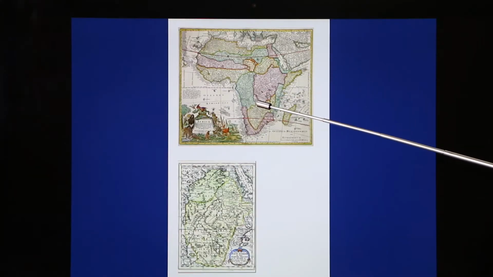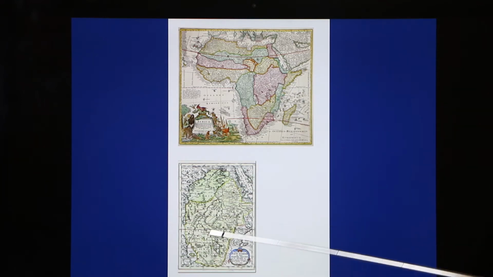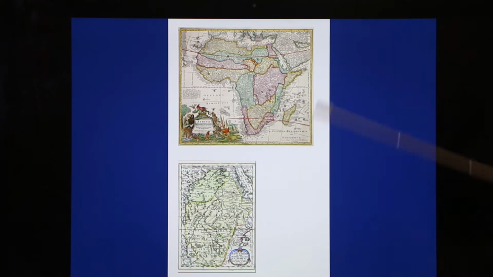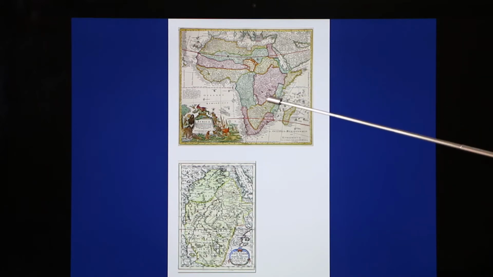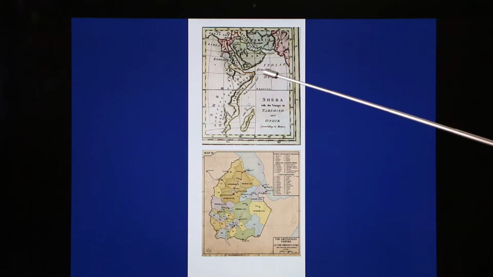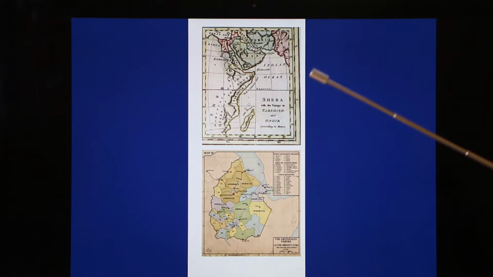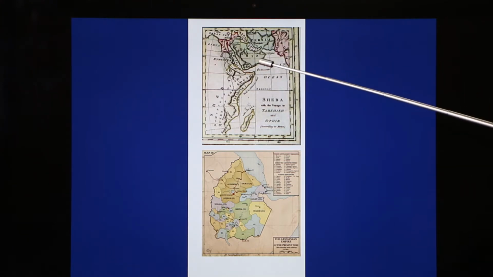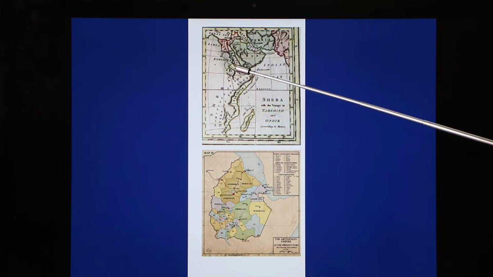So here is an old map showing how big Ethiopia was. Here is another of such maps. So Ethiopia wasn't just something here up in the corner of Northeast Africa. It stretched all the way down to Middle Africa. Or here is Sheba. We think of the Queen of Sheba either on the coast of Saudi Arabia or here in Ethiopia.